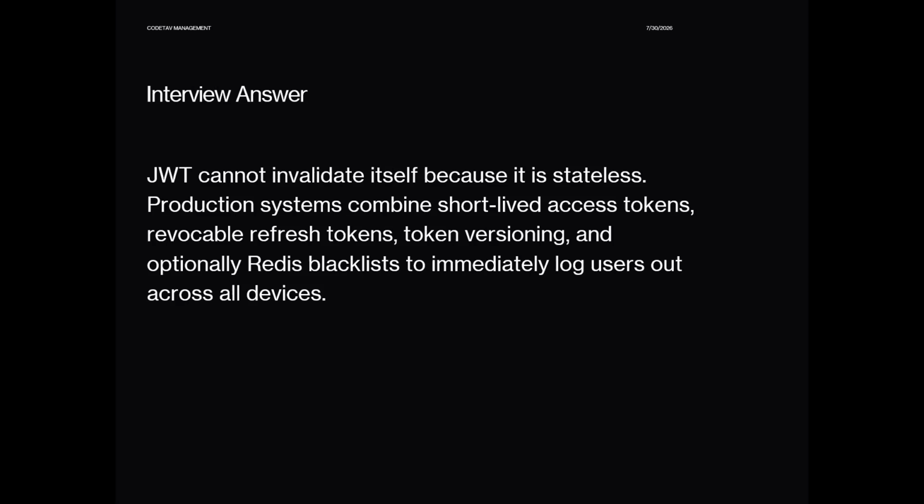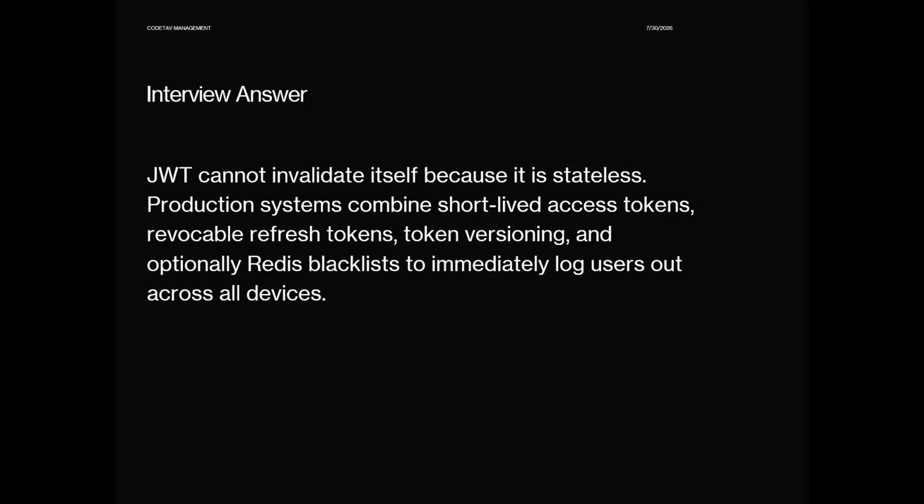As a one liner, you can give the answer like this: JWT cannot invalidate itself because it is stateless. Production systems combine short-lived access tokens, revocable refresh tokens, token versioning, and optionally a Redis blacklist to immediately log users out across all devices. JWT itself cannot be invalidated because it is stateless.